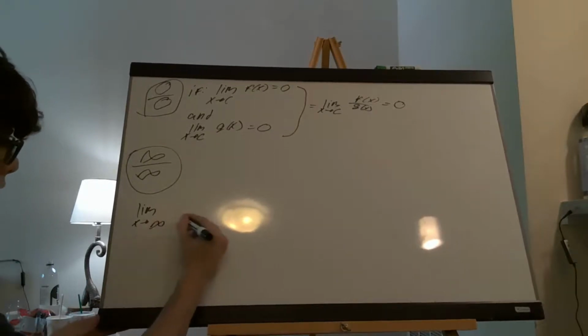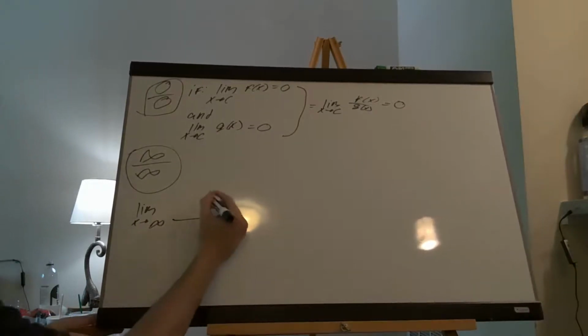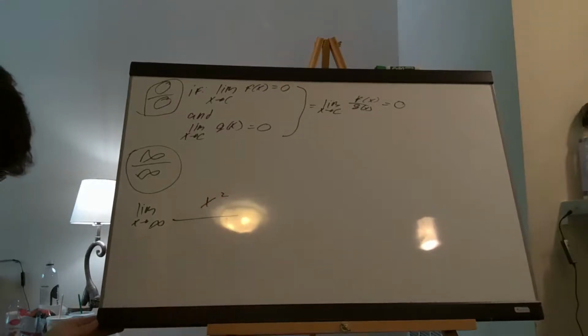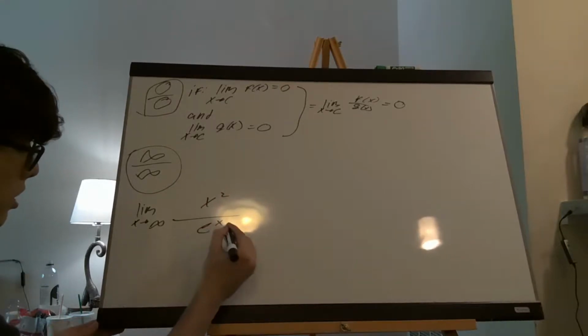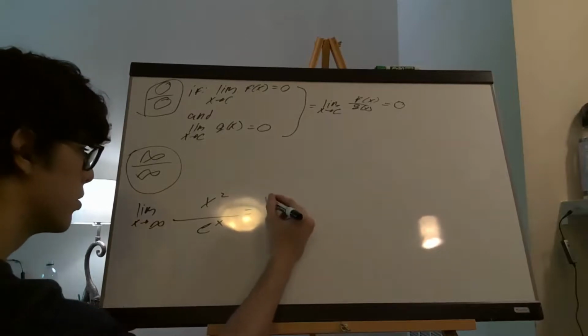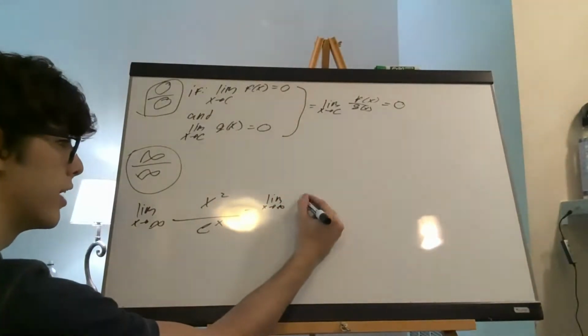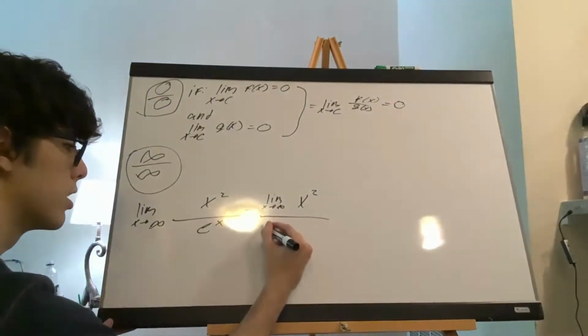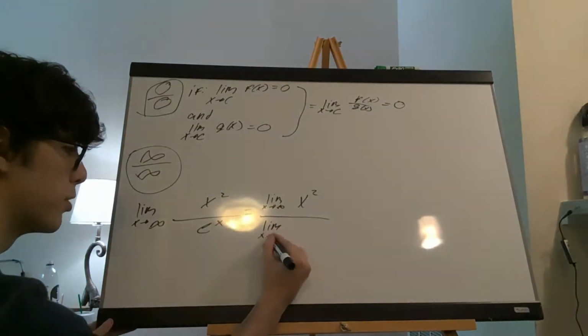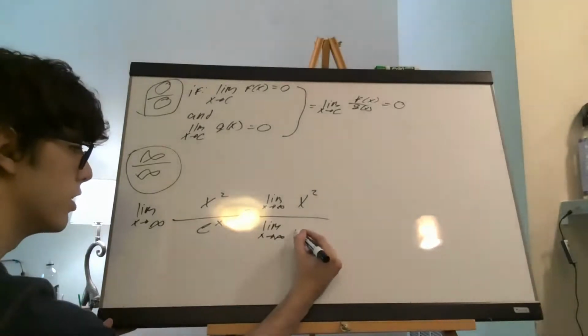So we've got limit as x approaches infinity for x squared over e to the x, which is really just equal to limit as x approaches infinity for x squared over the limit as x approaches infinity for e to the x.